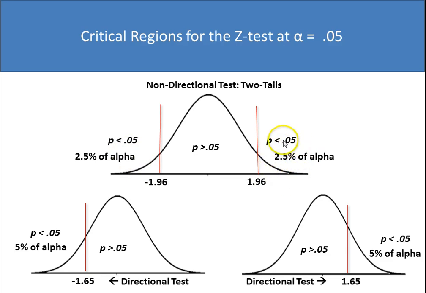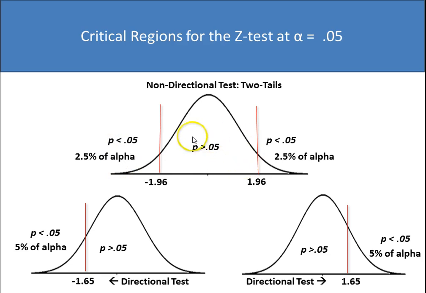We define low probabilities as probabilities that are less than our alpha. Again, out here in the tails, to the left of this line and to the right of this line, marked by these z-scores, this is what we refer to as critical region, low probability outcomes.